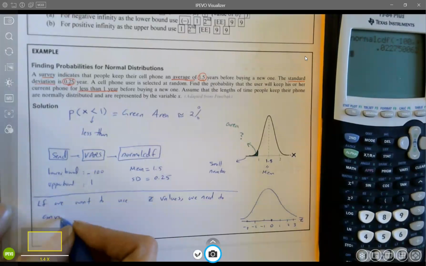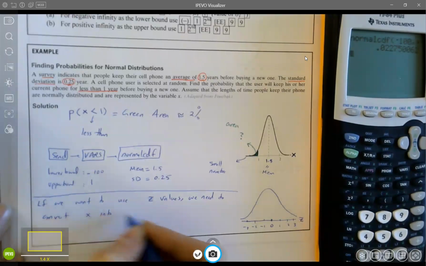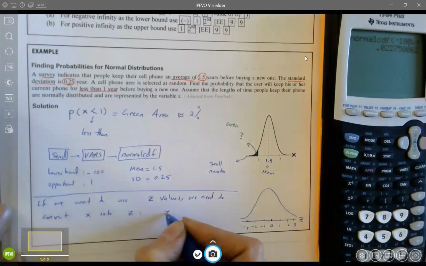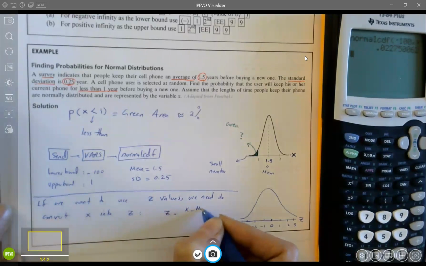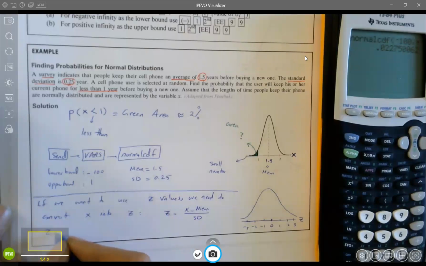Remember that Z is X minus the mean divided by the standard deviation. So Z is equal to X, which is 1, minus the mean, 1.5, divided by the standard deviation, 0.25.